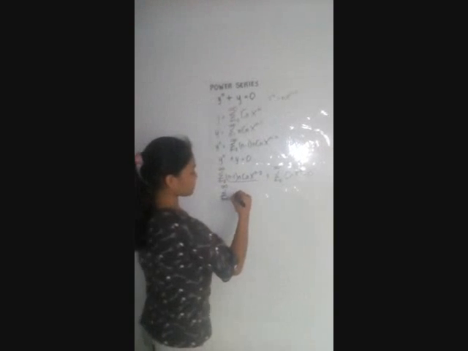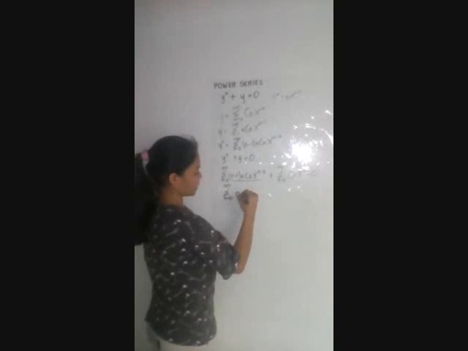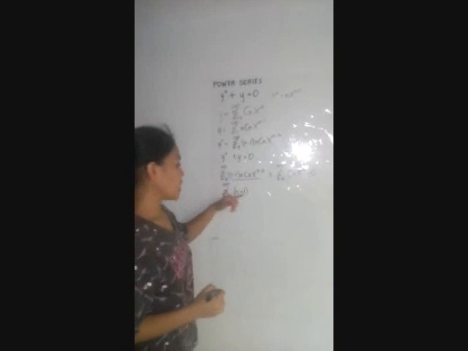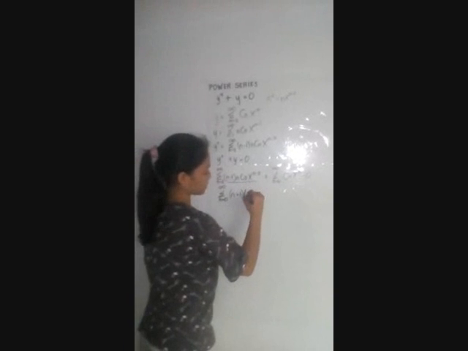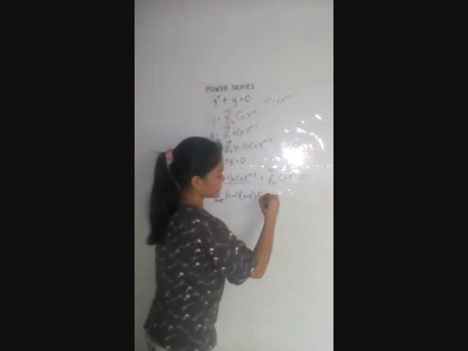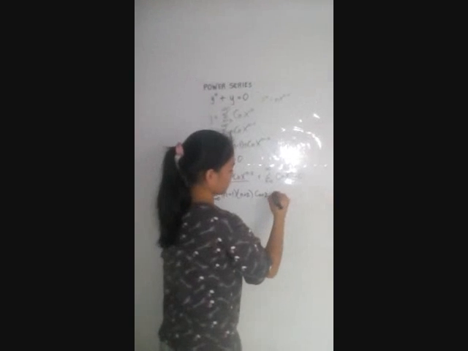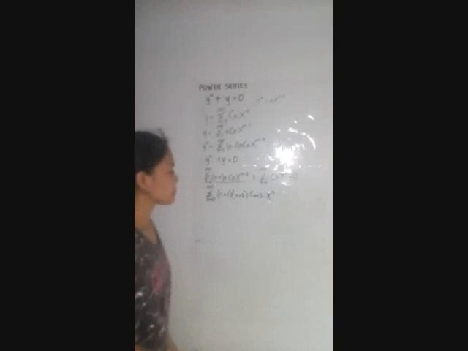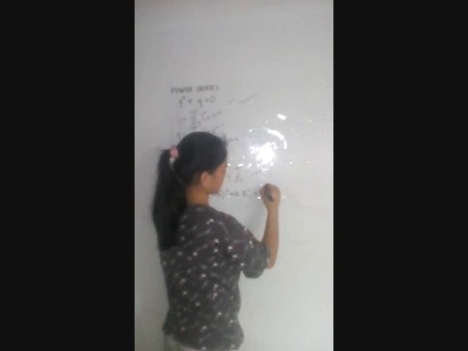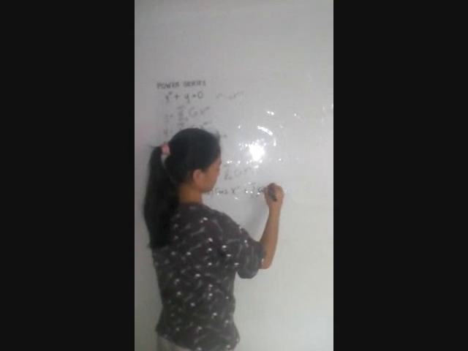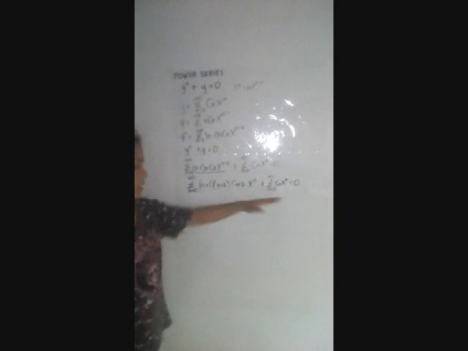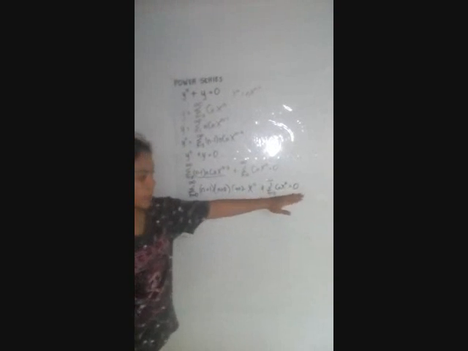So the result will be (n plus 1), because n minus 1 plus 2 is equal to n plus 1, (n plus 2), c_(n+2), x raised to n. Now we have the similar index, the similar power of the x.